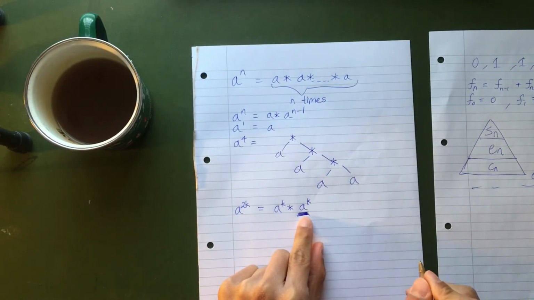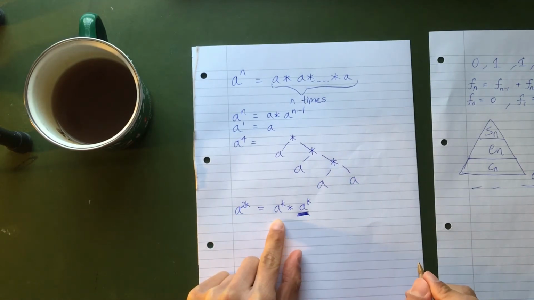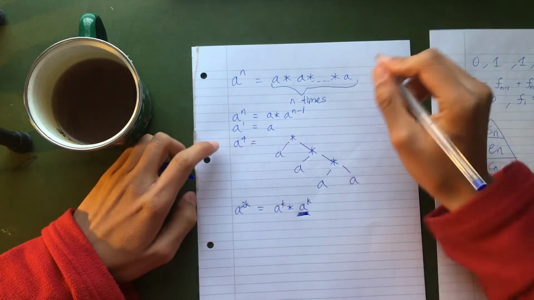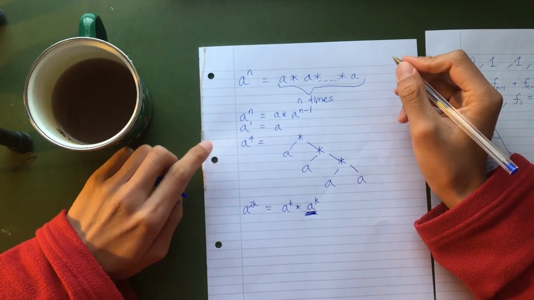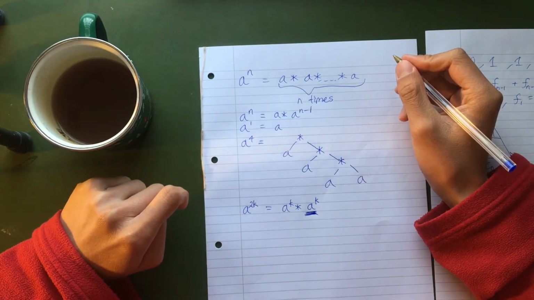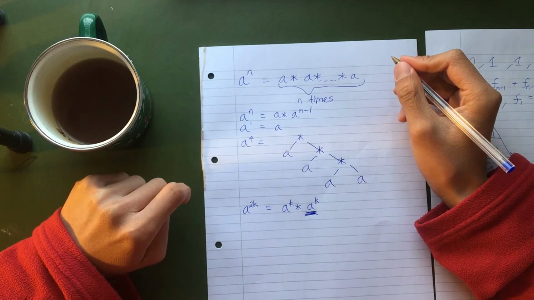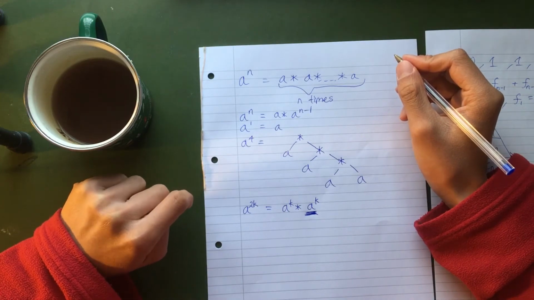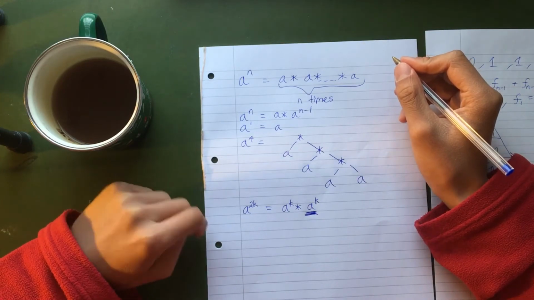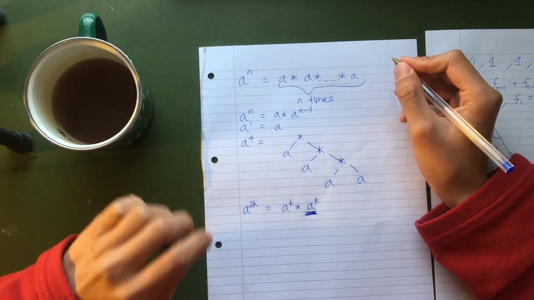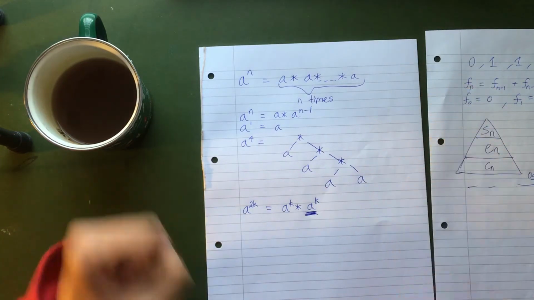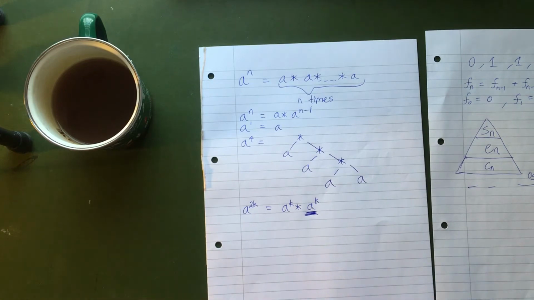Then we just take the result and multiply it by a to the k again. And so if you imagine doing a to the 8, it's going to want to figure out a to the 4, it's going to want to figure out a to the 2, it's going to want to figure out a to the 1. And once it knows those, it just multiplies them appropriately, and we get the answer with much fewer multiplications.